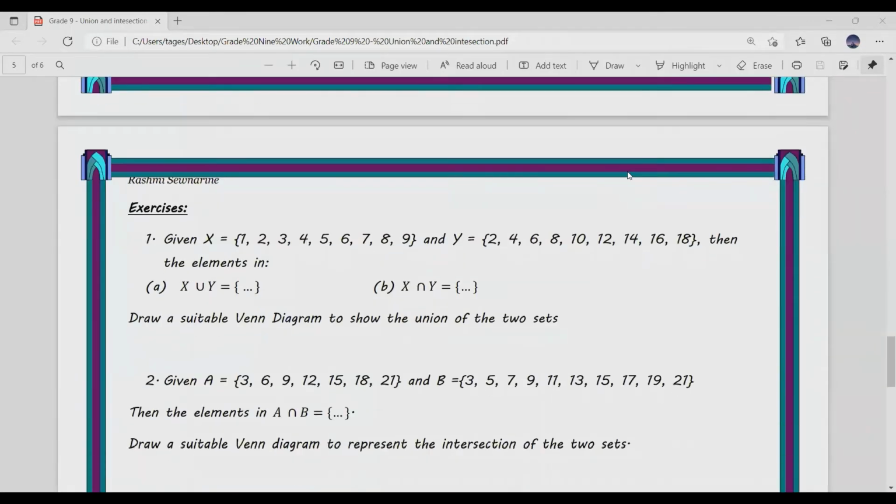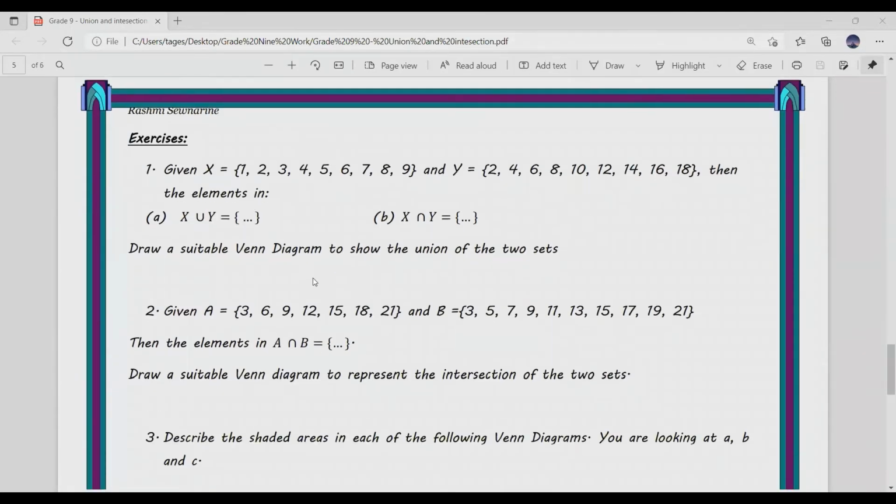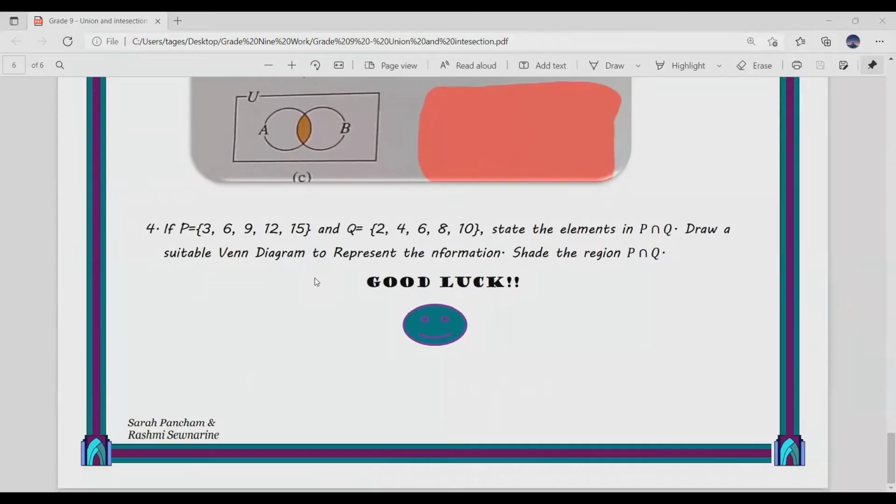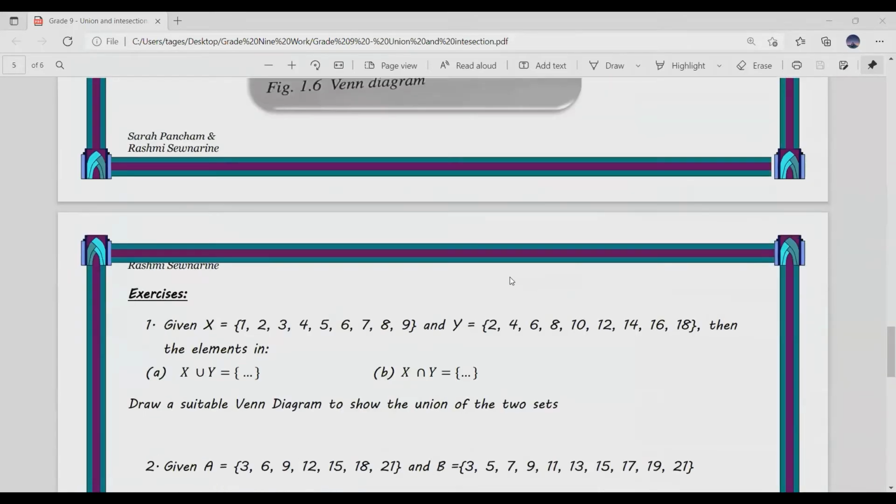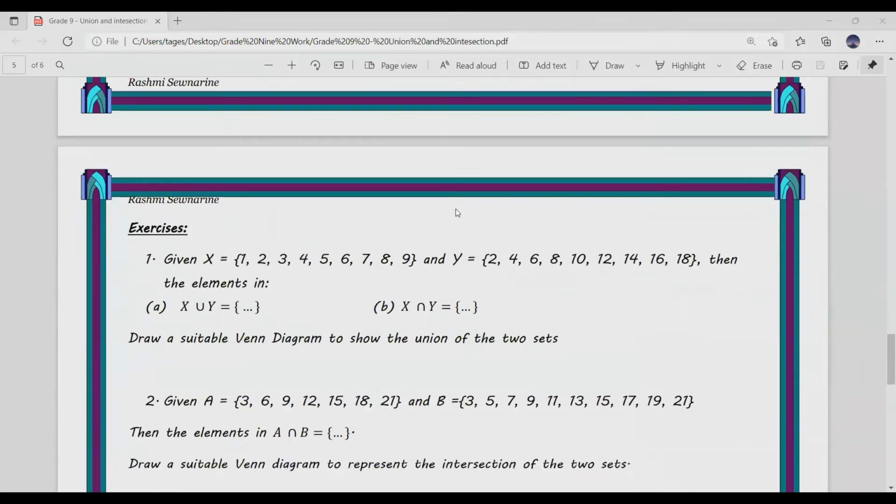So you have some exercises here. We have four exercises, so let's go through this quickly.